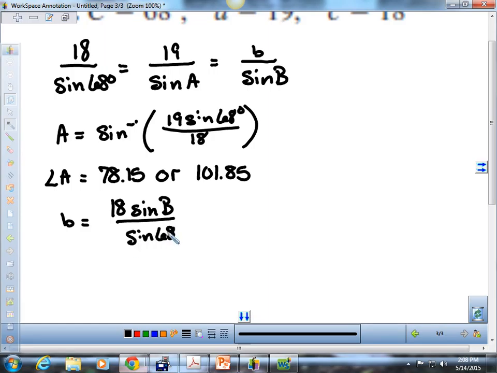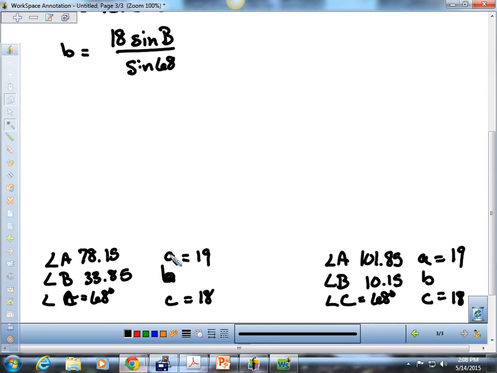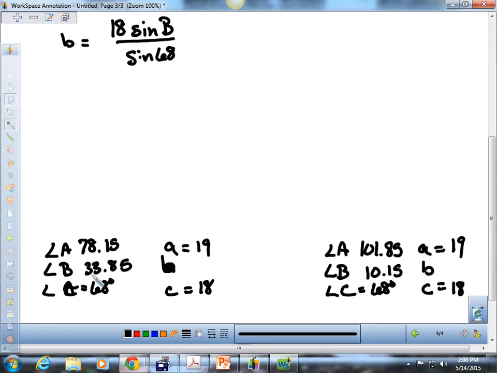Okay, so first we'll go with 18 sine 33.85 divided by the sine of 68. 10.81.